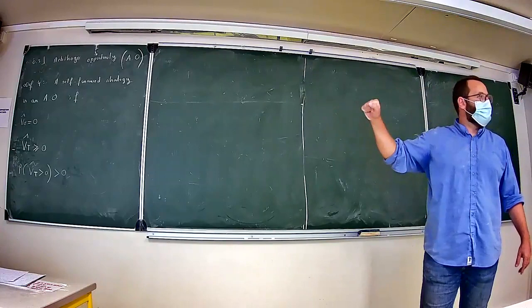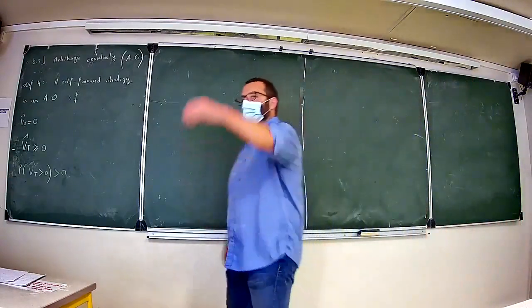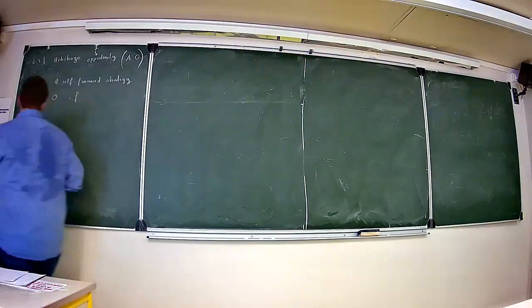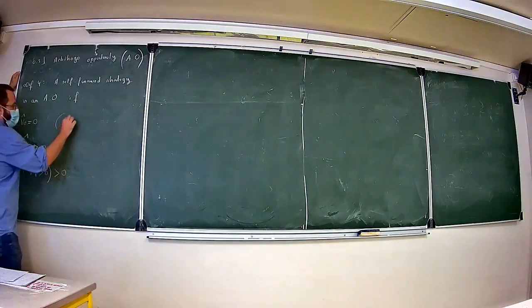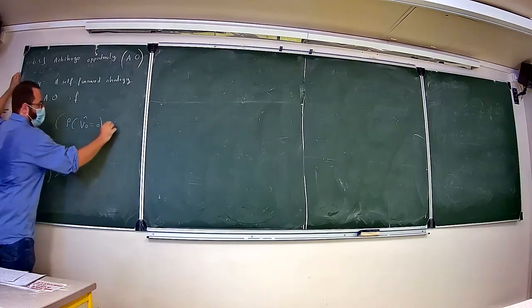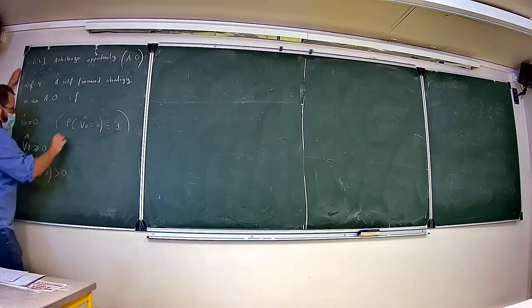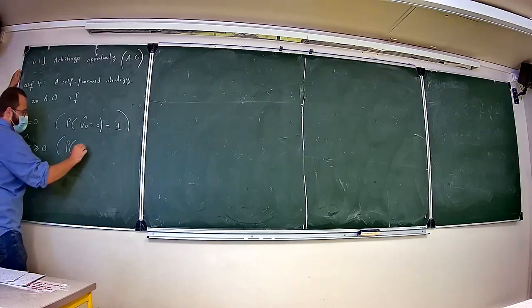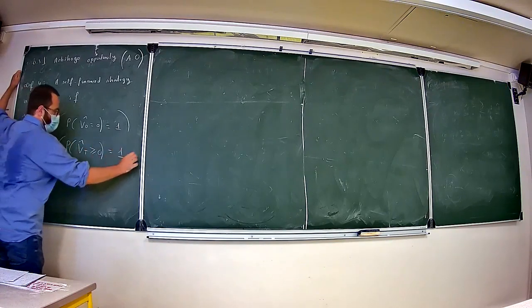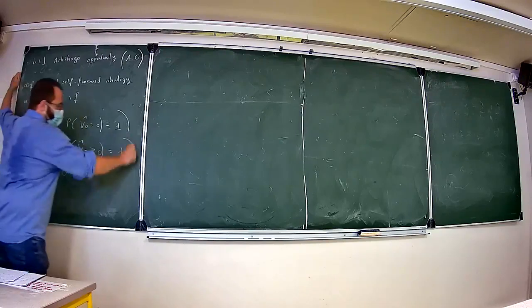The two first lines: when you write a relation between random variables, it means that the probability that V0 hat is equal to 0 is equal to 1. Here, the probability that VT is positive is equal to 1. It's equivalent to say this.